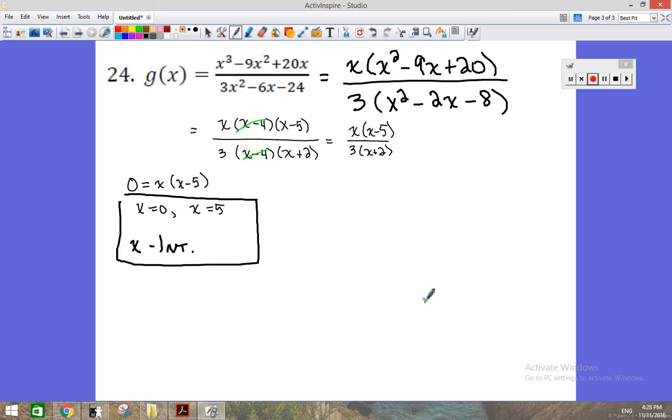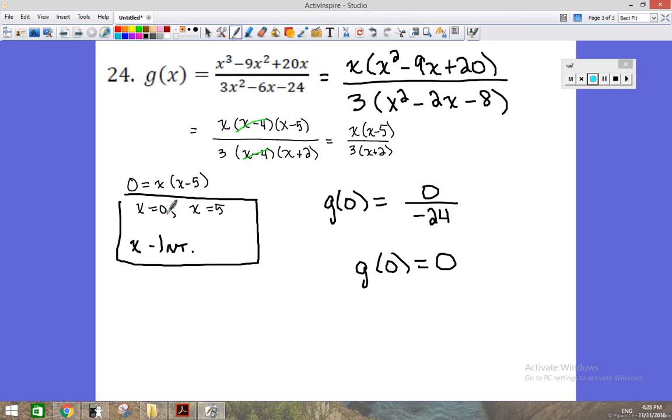To find the y-intercept, we plug in 0. In the numerator, since we have all these x's, this just reduces to 0. And in the denominator, we've got a negative 24, that constant. So this is 0. Well, that was to be expected.